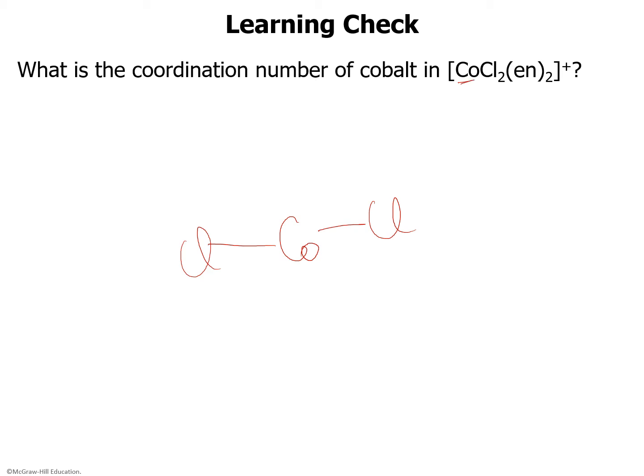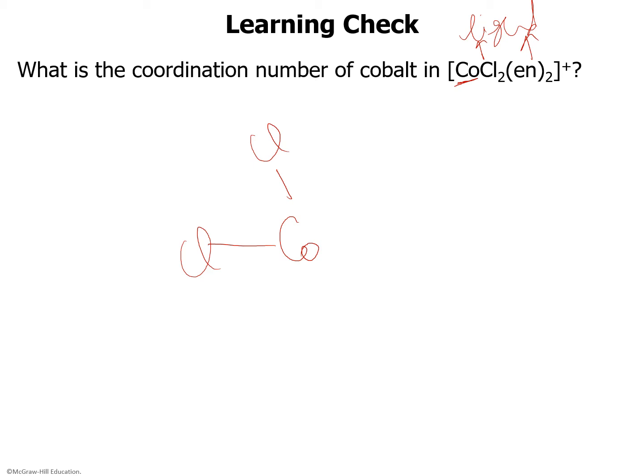So first thing you should identify, this is my metal, and I have two different types of ligand. One is chlorine and the other one is En, which is ethylene diamine. So there are two chlorine, so I drew two chlorine, and let me draw it here, right? So I draw two different chlorines. Now the next thing is, I need to draw two En.